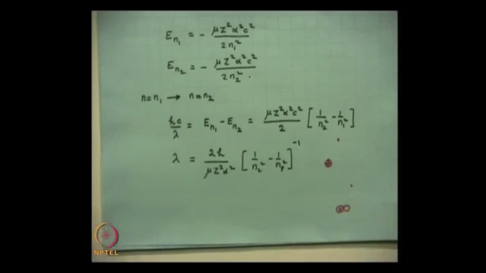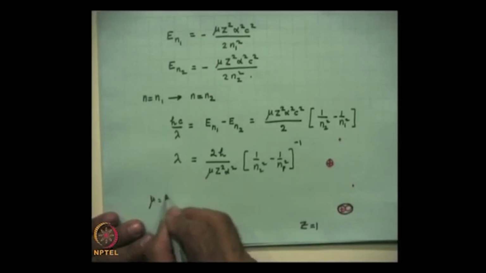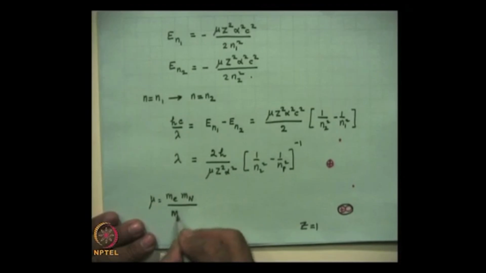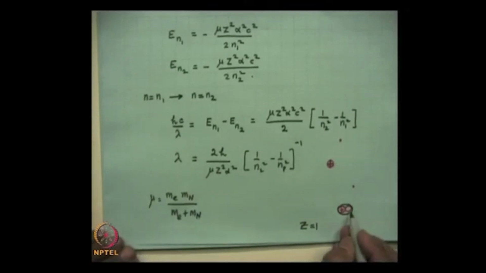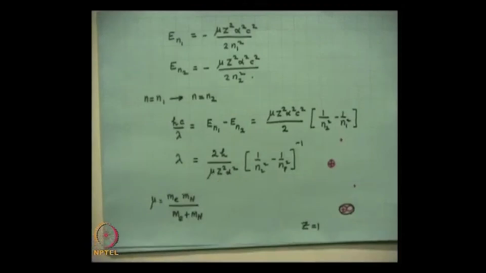So, for both the cases Z is equal to 1, but since the mass of the nucleus is larger here, the reduced mass, m_e times m of the nucleus divided by m_e plus m_n, in the two problems will be slightly different.